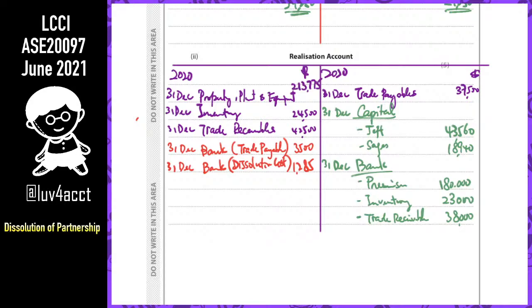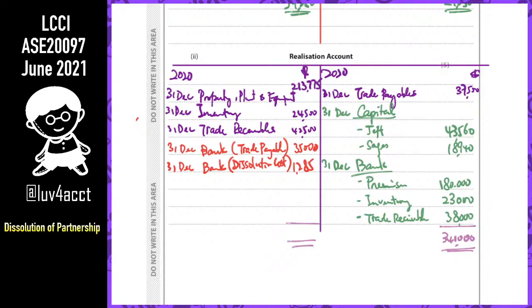I am so afraid. 37,500, 43,560, 18,940, and then 180,000, 23,000, 38,000, giving 341,000. 213,775, 24,500, 35,000, 1,285.